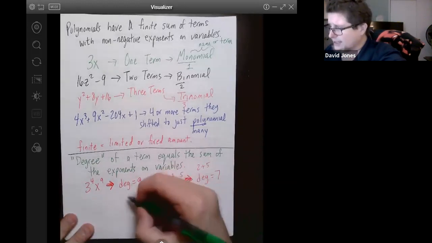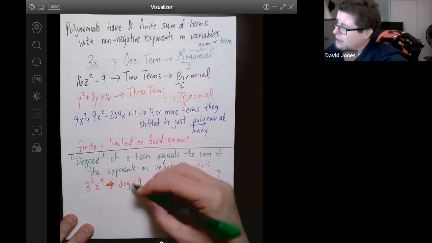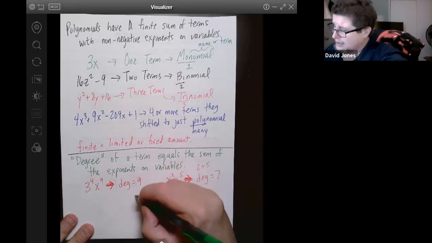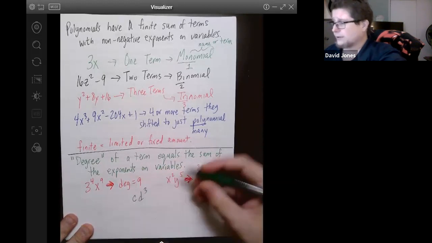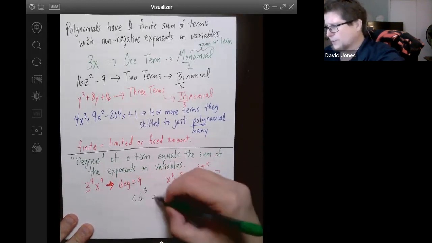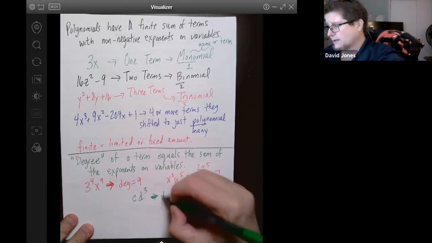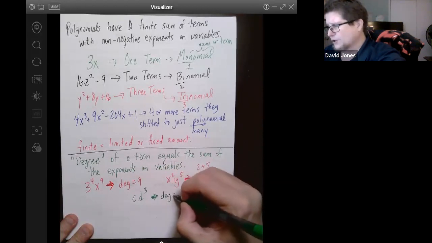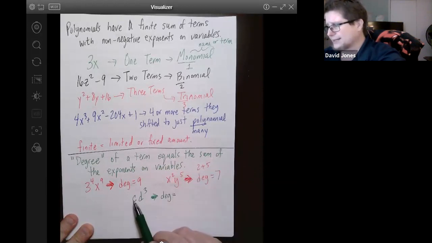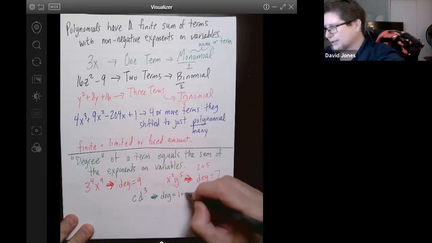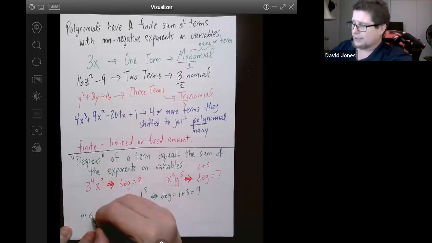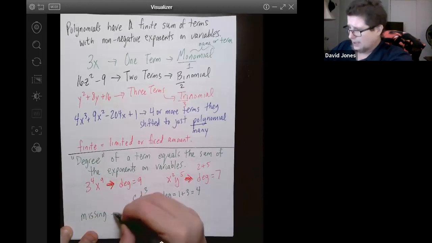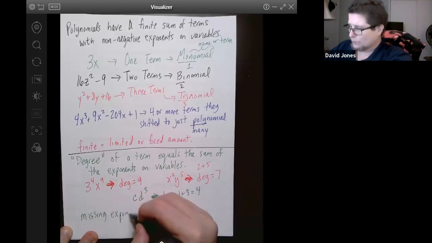Recall if you see something like c d cubed, the degree here, even though there's no number showing on the c, is 1 plus 3 equals 4. So missing exponents equal 1. If the exponent is absent, it equals 1.